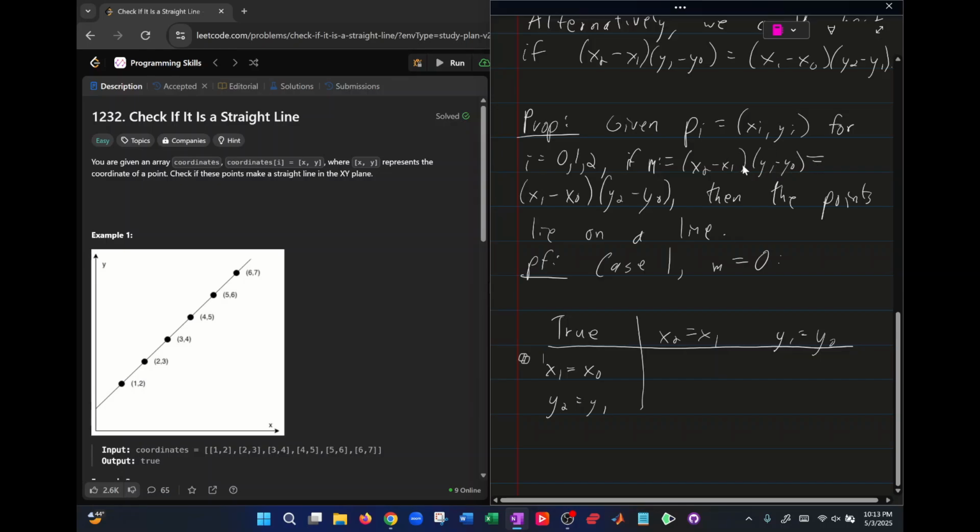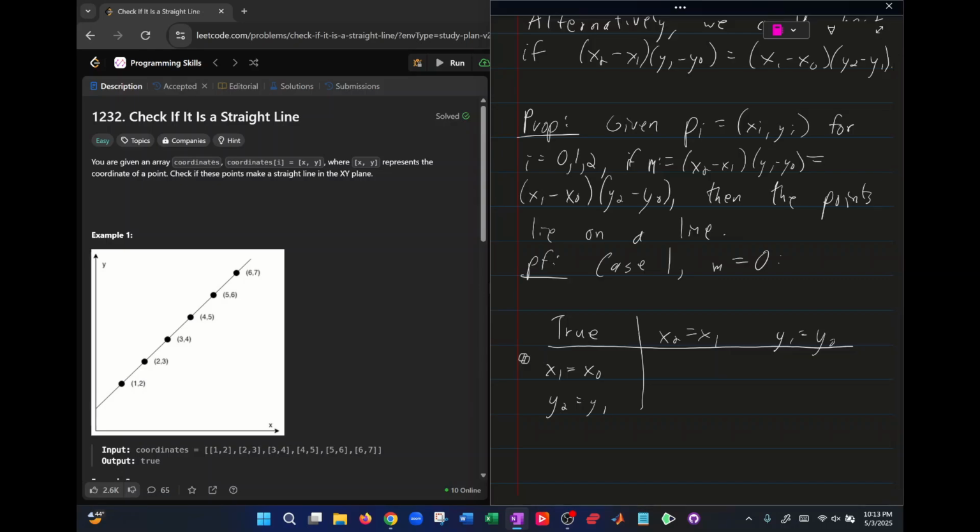One of these two has to be 0. Either x2 equals x1 or y1 equals y0. And so that's why here we're saying at least one of these is true. Then similarly, on the other hand, this product is 0, so either these two are equal or these two are equal. So one of these two equations is going to be true, or possibly both.